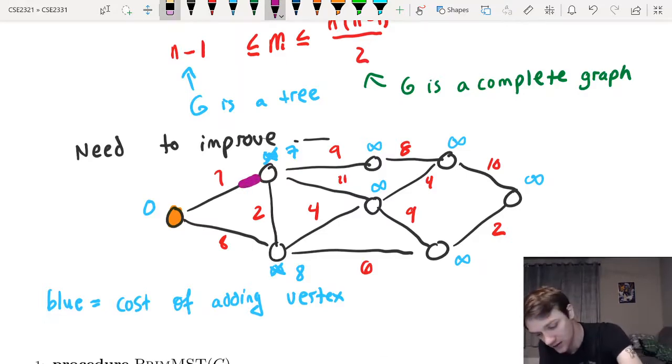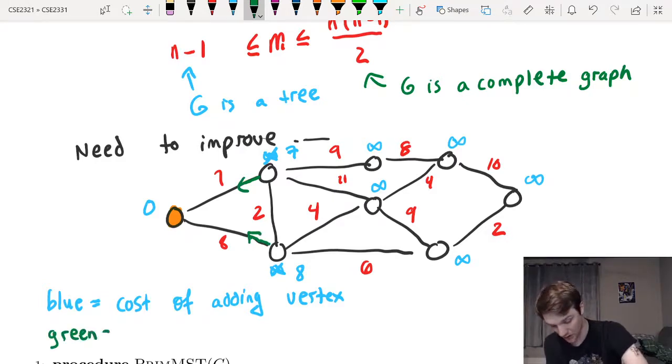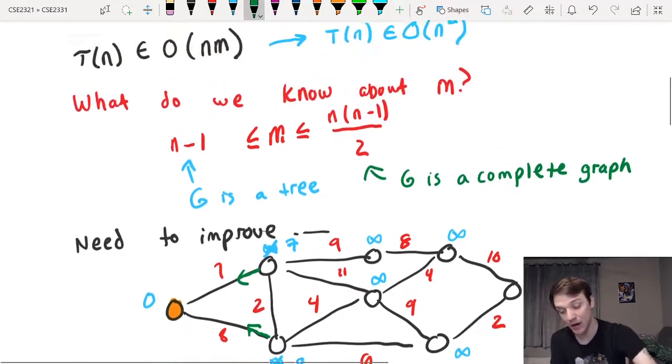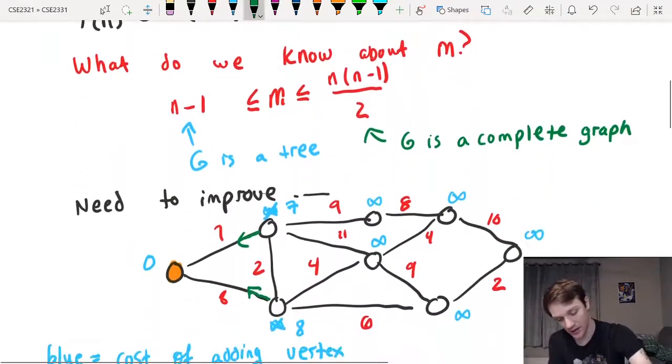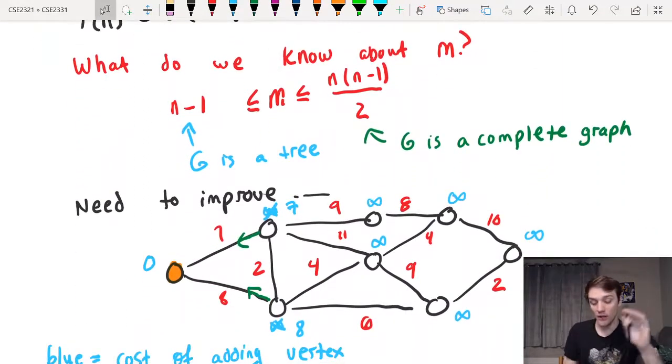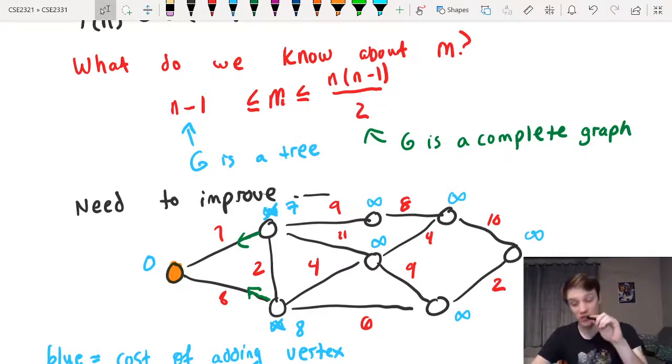So it costs that much by using that edge there. And this one costs that much by using that edge there. The green is what we're going to call the parent. And it's a temporary idea of that blue line we used above. Now, we're going to look across all of the white nodes and say which of those costs the least. The least of them now is going to be that one that has a cost of 7.